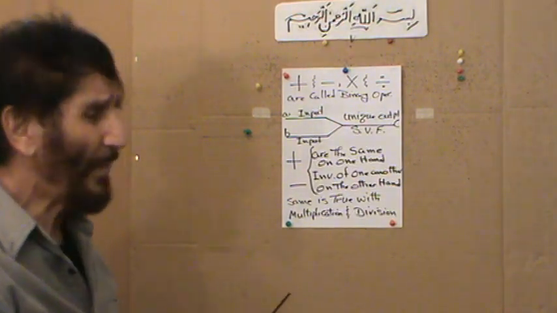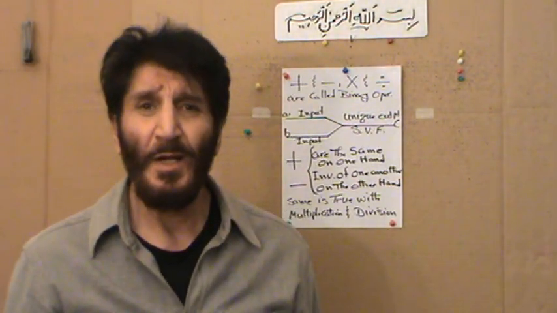Now, addition, subtraction, multiplication, and division, the arithmetic operations that we are usually exposed to in first grade elementary school, they are functions. They have input and they have unique output, and that's exactly the characteristic of a function.